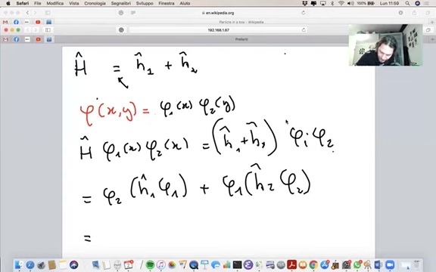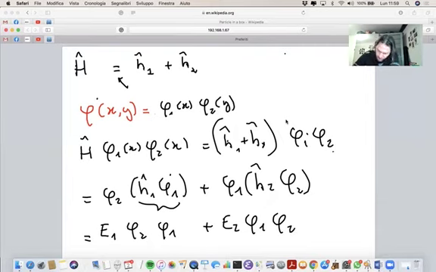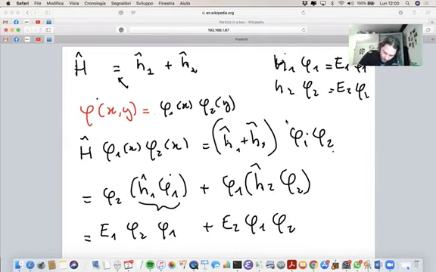Now I use the fact that phi1 is the solution of this equation, because this is going to be E1 phi2, and instead of this is phi1, and this is going to be E2 phi1 phi2, because I'm assuming that H1 phi1 is equal to E1 phi1, and H2 phi2 is equal to E2 phi2. So if I collect things together, I get this nice result, which is precisely what I was telling you before.